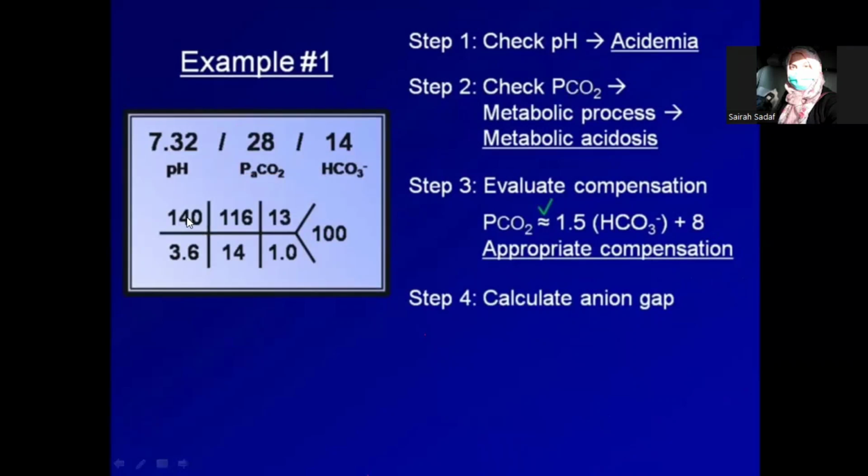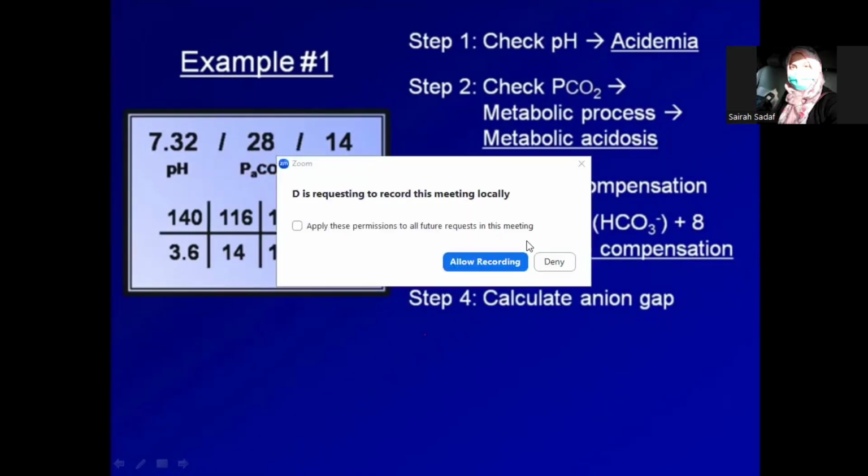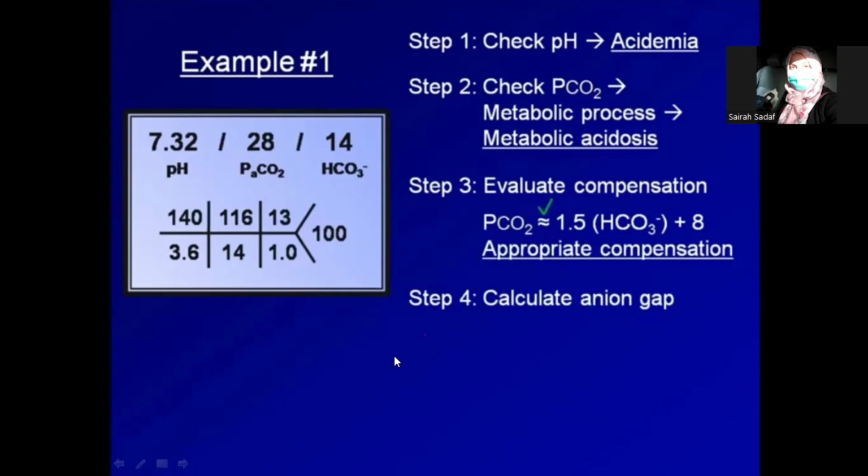You have 140 sodium. The chloride is 116 and we have 14 as the bicarb. Now kindly calculate it. You have to do it like this: 116 plus 14. Okay.